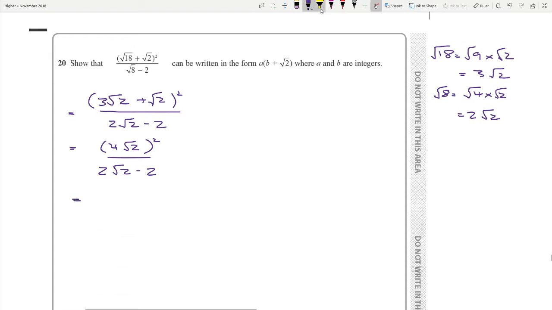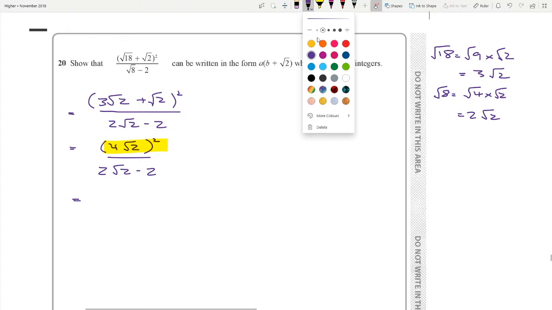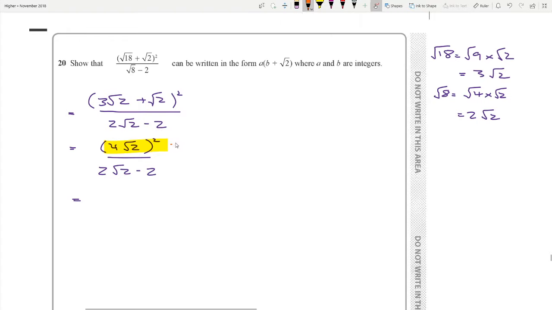Well, just this bit here, 4 root 2 all squared. Okay, I'll do that here as well. So 4 root 2 all squared basically means 4 times root 2 times by itself, 4 times root 2.